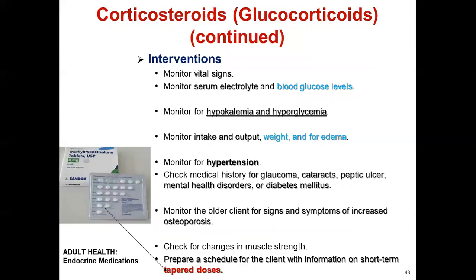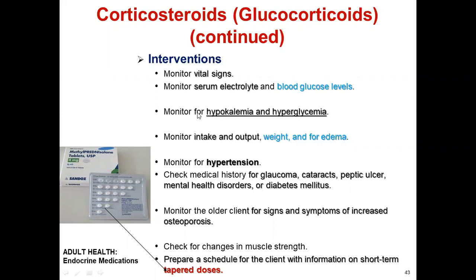If your patient is taking a steroid, we regularly monitor the vital signs, and also monitor the serum electrolytes, because patients develop hypokalemia, which leads to dysrhythmia, and the blood glucose level needs to be monitored.